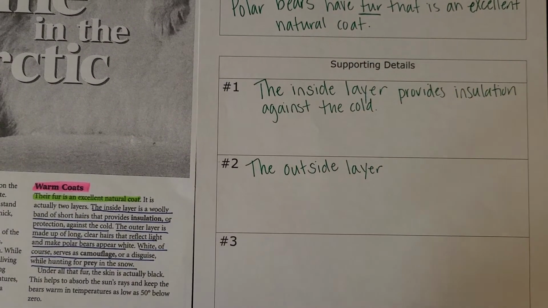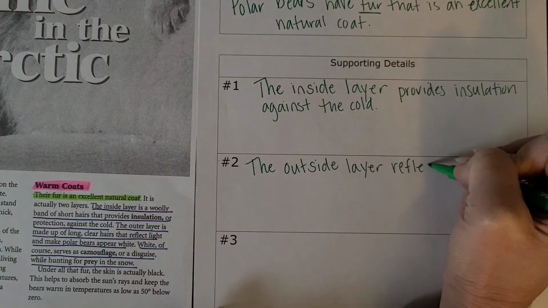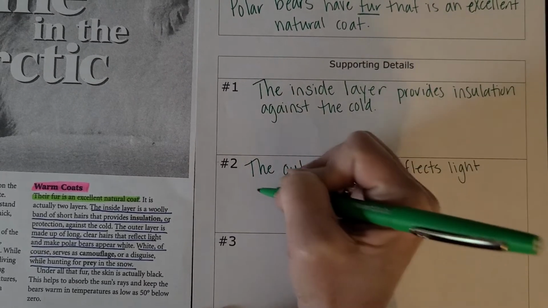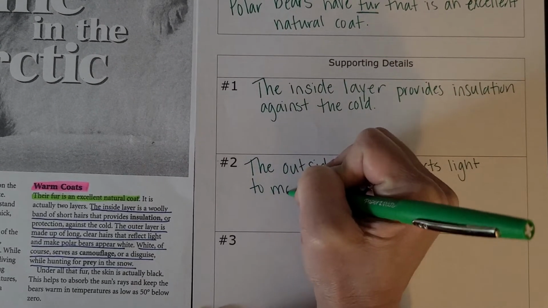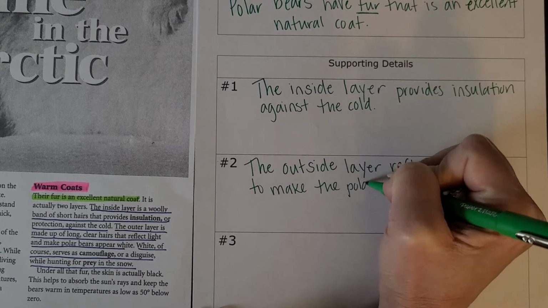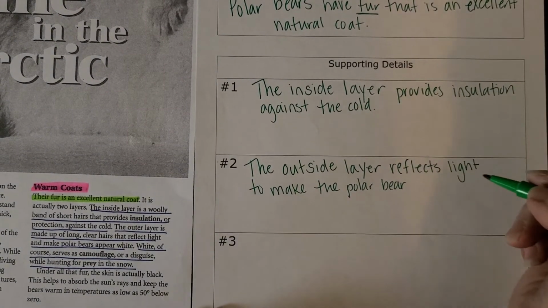The outside layer reflects light to make the polar bear look white.